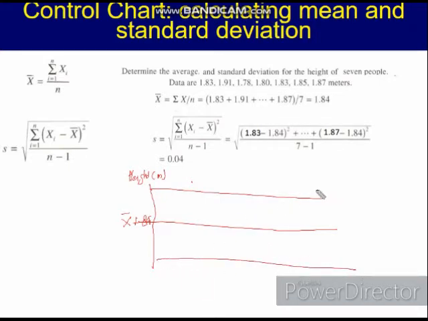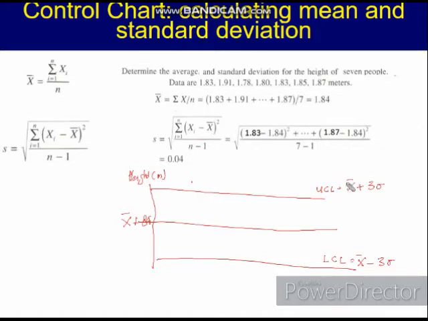So this is the upper control limit, which equals x bar plus 3 sigma, and this is the lower control limit, which equals x bar minus 3 sigma, right?